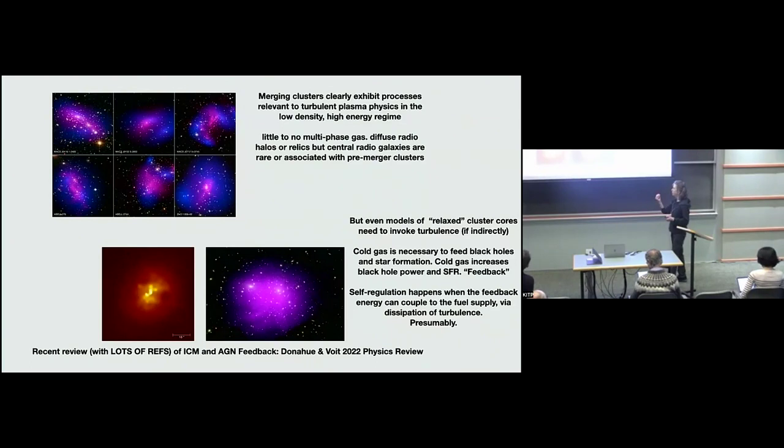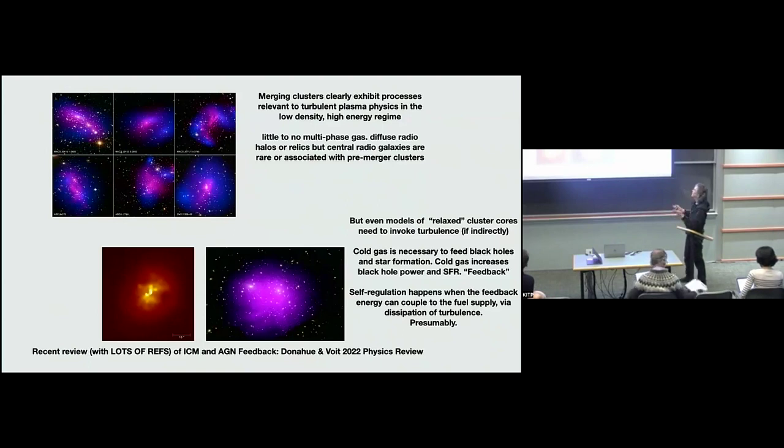Some of them are very strongly peaked. These are known as cool core clusters, and some of them have a little more diffuse, flatter central surface brightnesses. So I have two exemplars side by side from Chandra.